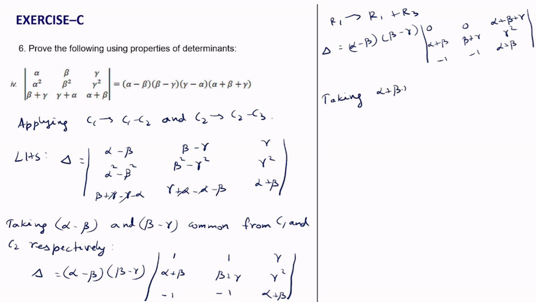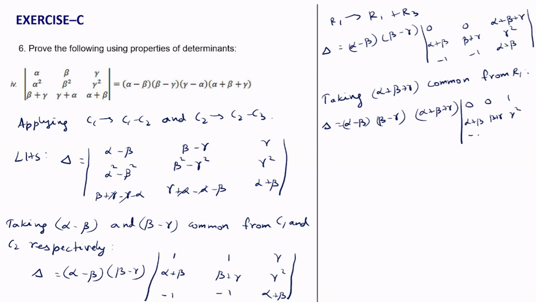Taking alpha plus beta plus gamma common from R1, we get delta as alpha minus beta, beta minus gamma into alpha plus beta plus gamma into the determinant of 0, 0, 1; alpha plus beta, beta plus gamma, minus 1; gamma, gamma square, alpha plus beta. Now we can expand along R1.